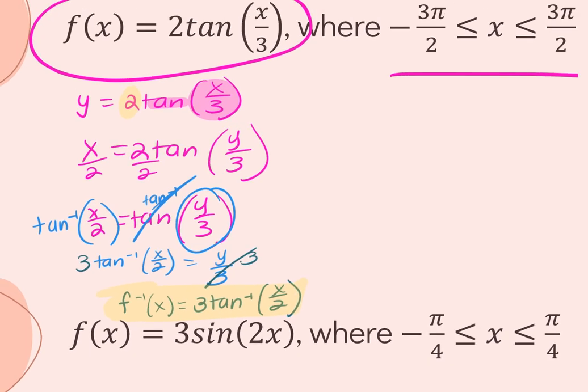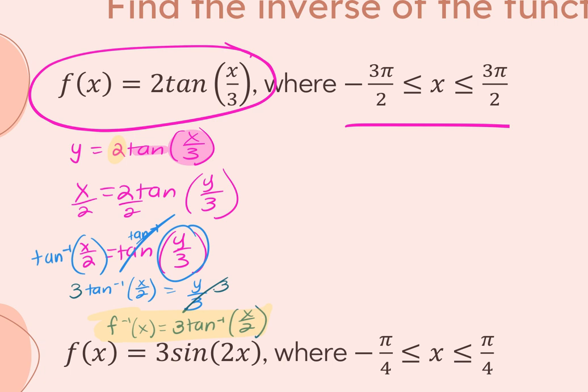Okay, so now it's going to ask you to restrict your domain on these. So now let's think. What's the original domain restriction on tan negative 1? That's the domain restriction on my parent function, right? My parent function, I restrict tangent from negative pi over 2 to positive pi over 2, and my range is all real numbers.